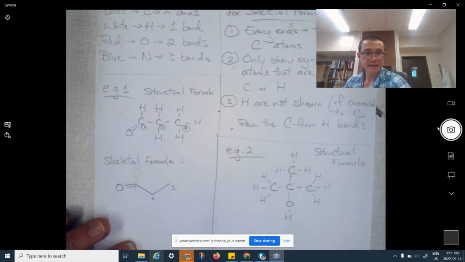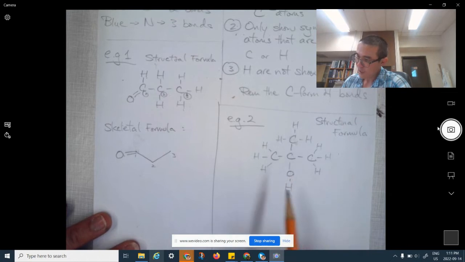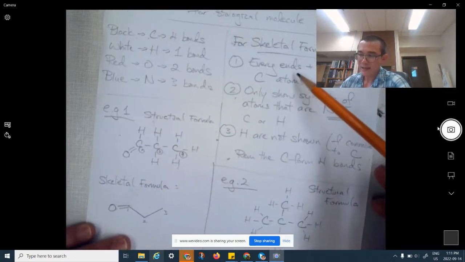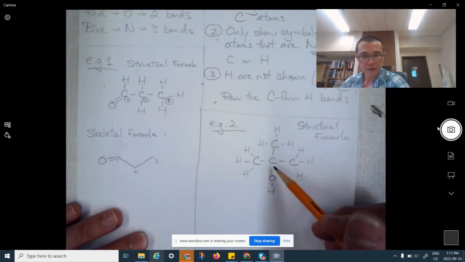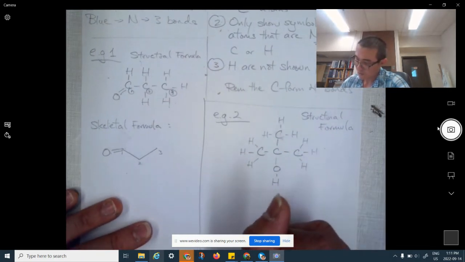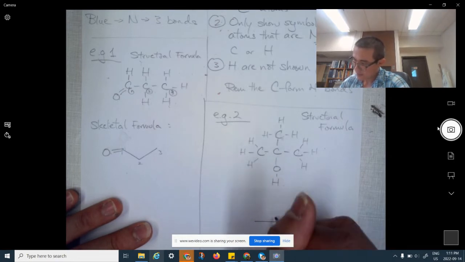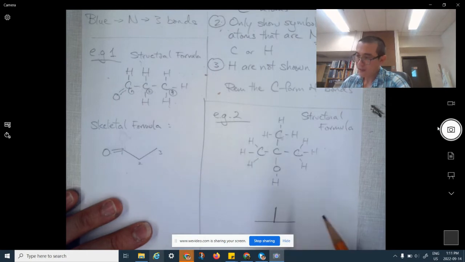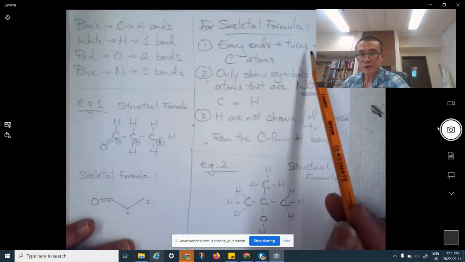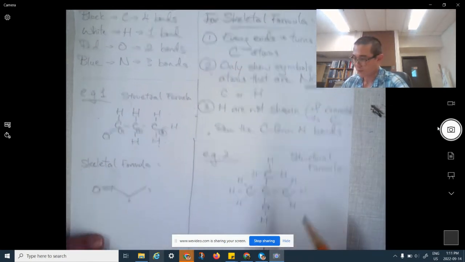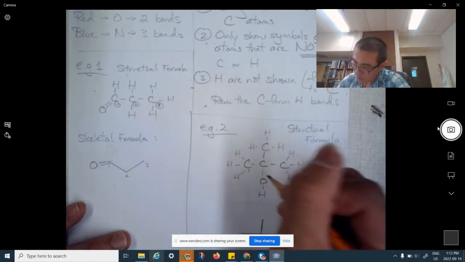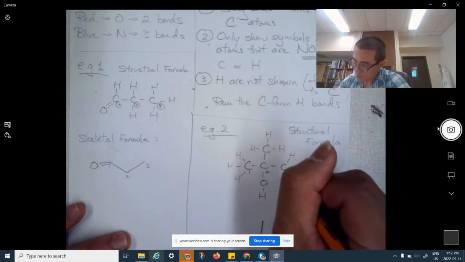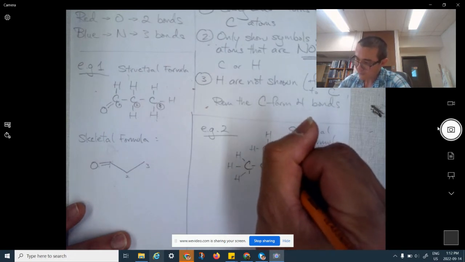Now let's look at the second example. Again, every end and turn is a carbon atom. In this one, you have a T shape here, so what you could easily do is just draw a T. Now, every end and turn, and in some ways corner, so to speak. So this will be carbon number 1, 2, 3, and 4.